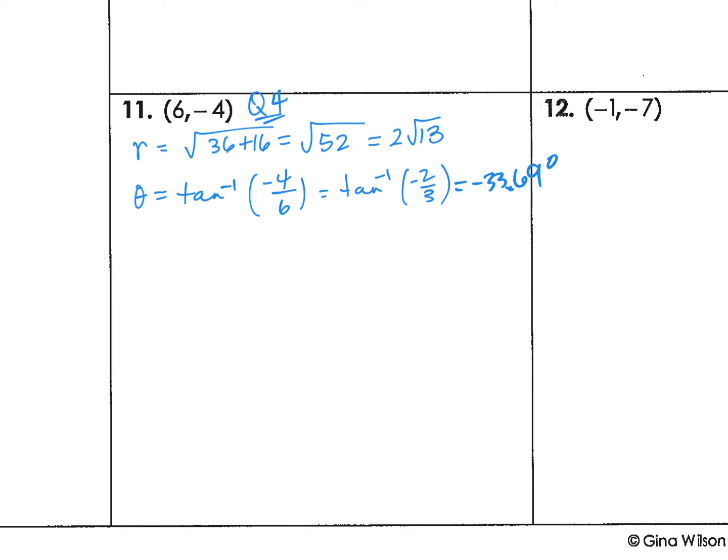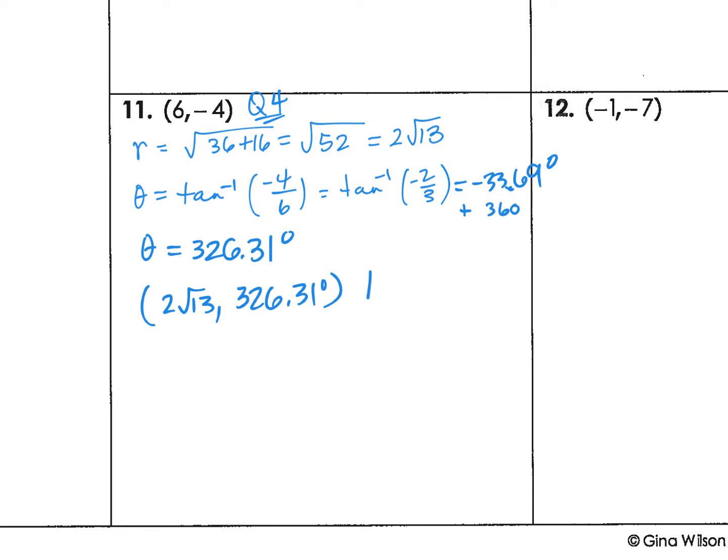So how do I change it to its proper angle? Add 360. So really what we have is theta is 326.31 degrees. So we've got 2 root 13, 326.31 degrees, and negative 2 root 13.